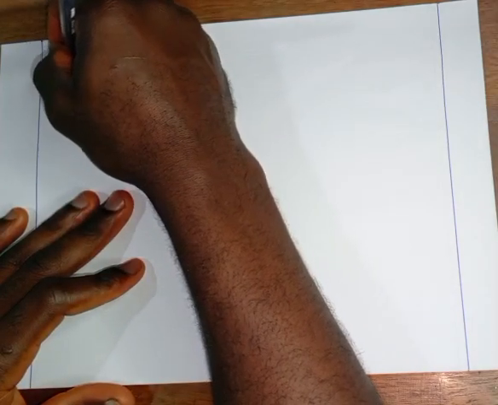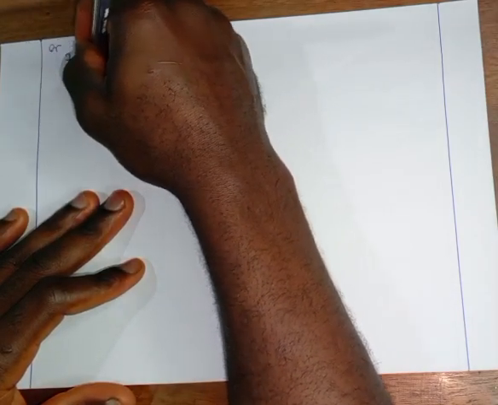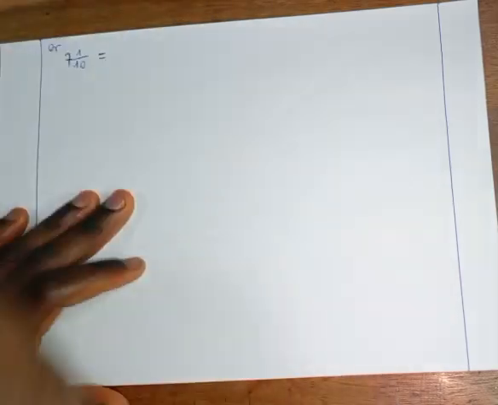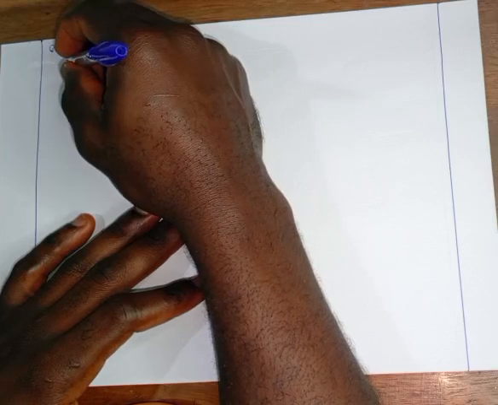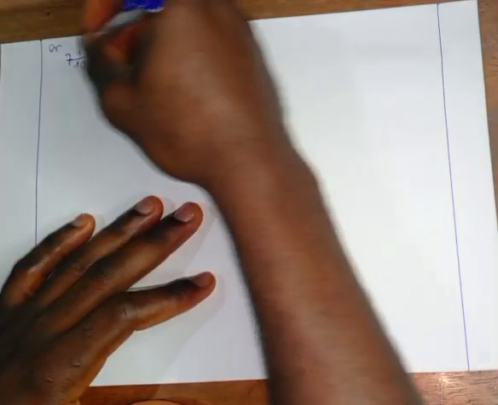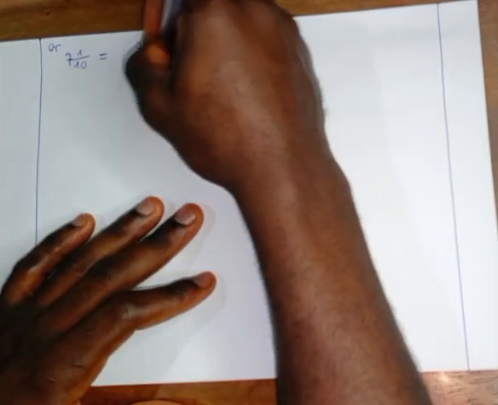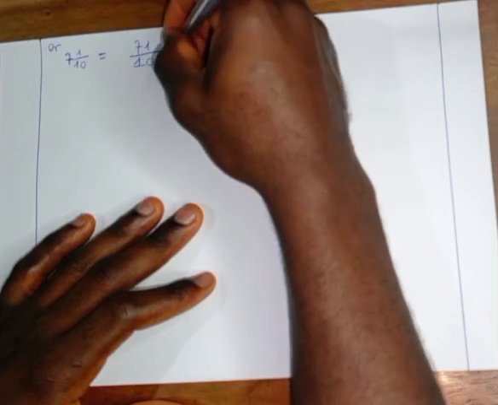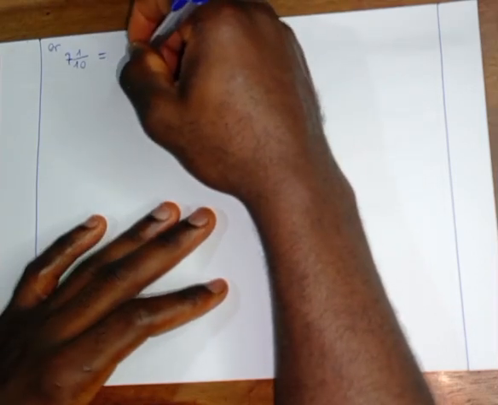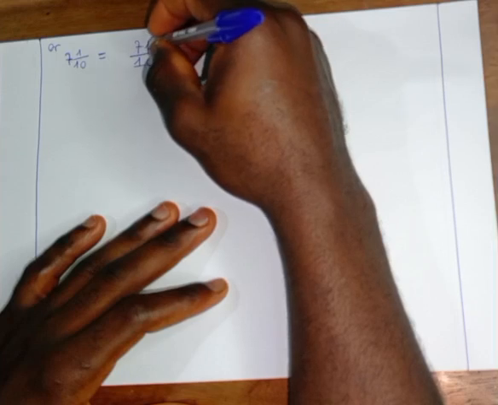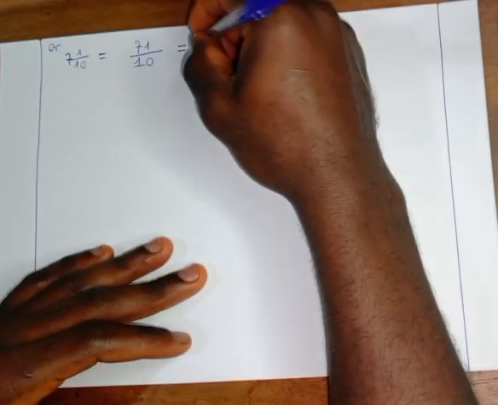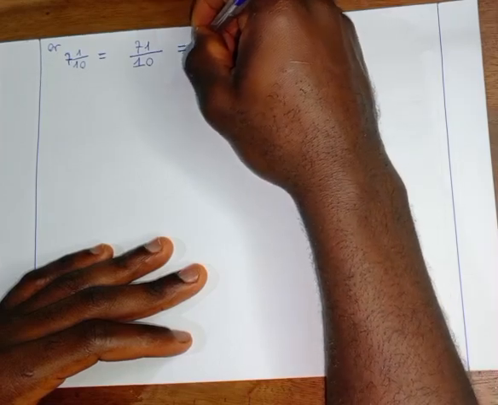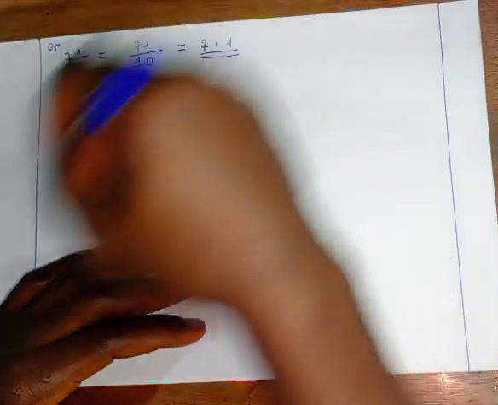Or another way of doing it is for us to express the mixed fraction 7 and 1/10 as an improper fraction. 10 times 7 gives us 70 plus 1, 71 all over 10, which is simply equal to, you're going to move the decimal point at the numerator 1 place to the left. So this will give us 7.1, which is the same result.